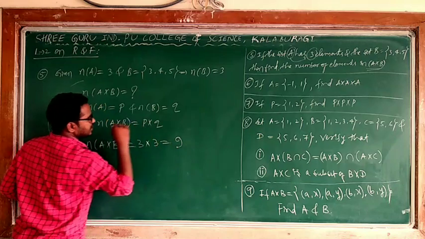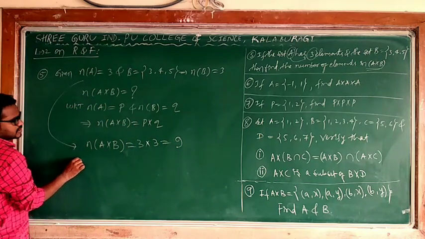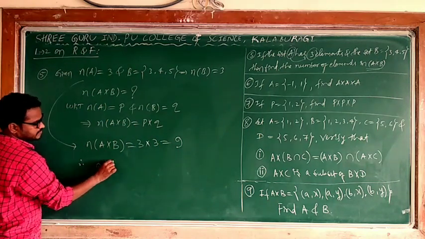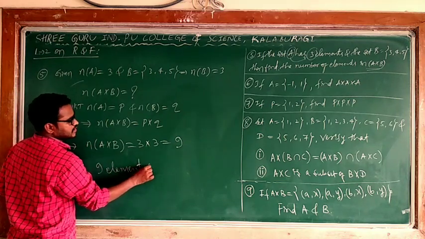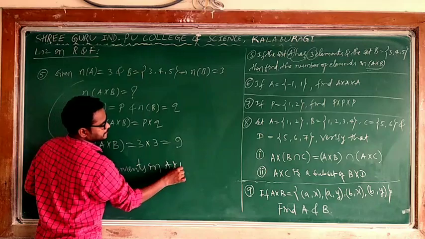Totally how many? 9. Therefore there are 9 elements in A cross B.